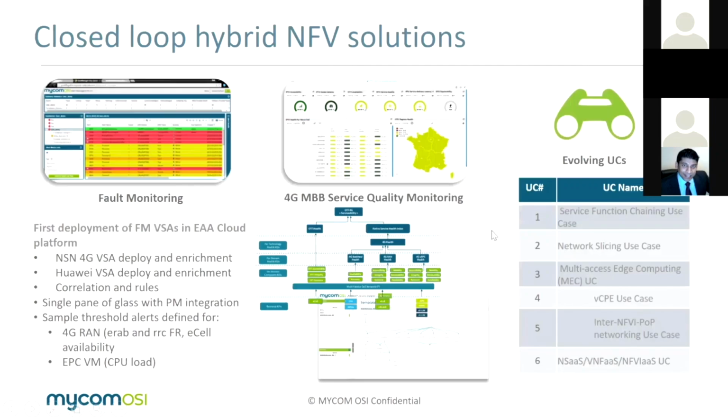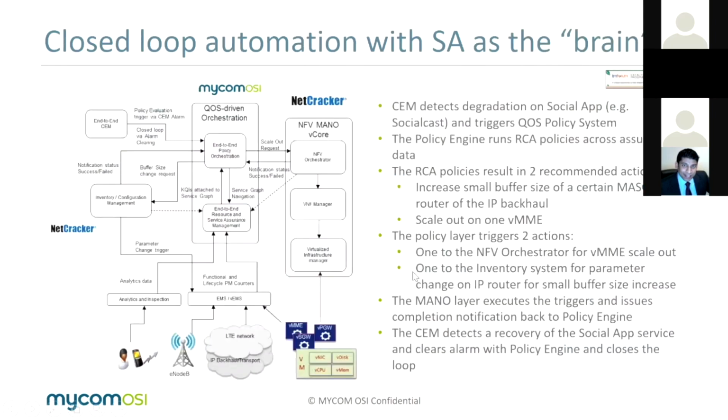So some of the use cases that we address for our customers today are in the areas of unified service assurance with hybrid NFV with closed-loop automation to instruct the MANO as well, and some evolving use cases such as network slicing and VCP use cases that we have done for our customers more recently.